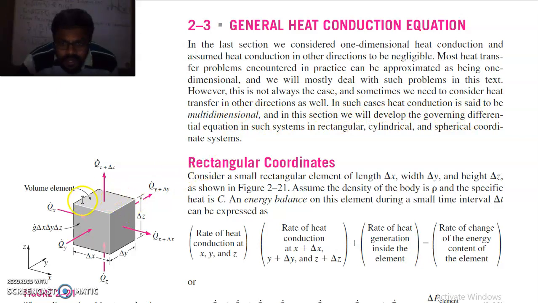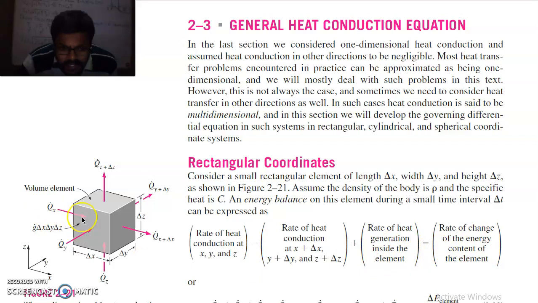Consider a small rectangular element of length del x, width del y and height del z as shown in the figure. Assume the density of the element is rho and the specific heat is C. The energy balance on this element during a small time interval del t can be expressed as rate of heat conduction at x, y, z minus rate of heat conduction at x plus del x, y plus del y and z plus del z, plus rate of heat generation is equal to rate of change of energy content of the element.